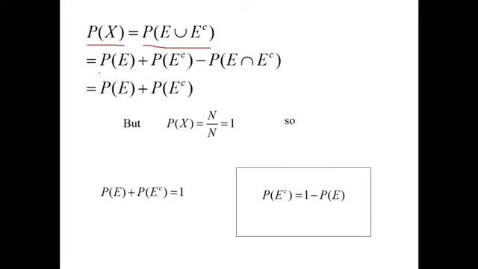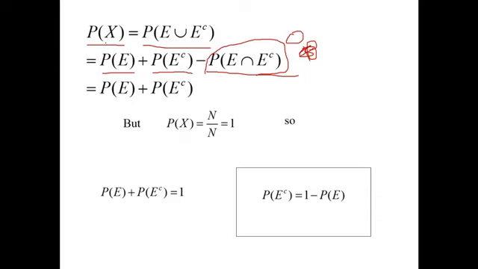So I can take this and apply that formula I just derived to it. Probability of E plus the probability of E complement minus the probability of E intersection E complement. But E intersection E complement is empty and it has a 0 probability.